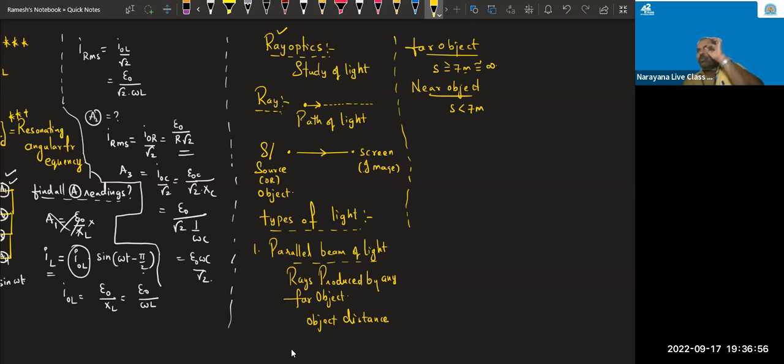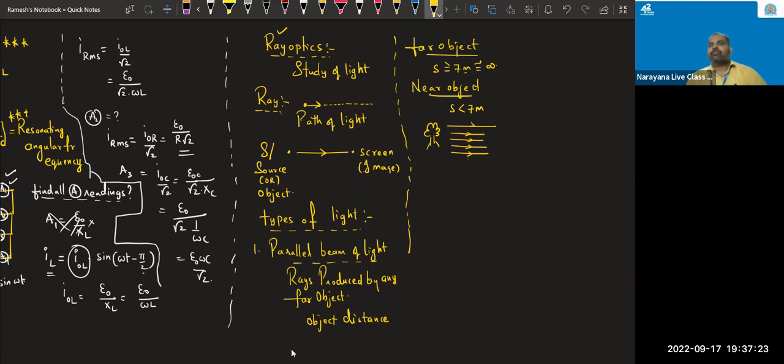With respect to that small size lens, every object more than 7 meters is called what here? It is very far. So every far object, if you take some far tree or far building, always produces a parallel beam of light. What is the concept of a parallel beam of light?